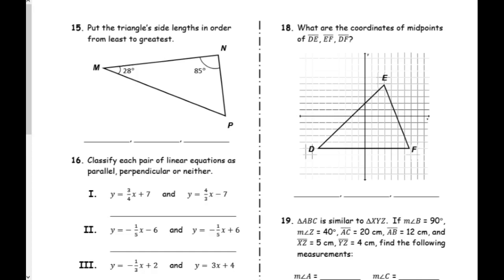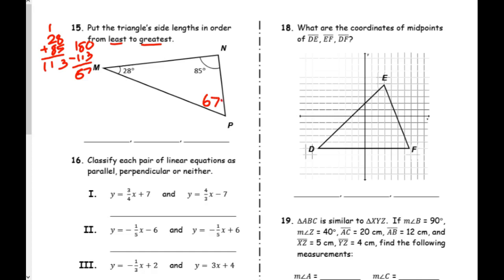Triangle side lengths in order from least to greatest. First off, let's find this missing angle. 28 plus 85, 113. 180 minus 113 is 67. So I put 67 right here.